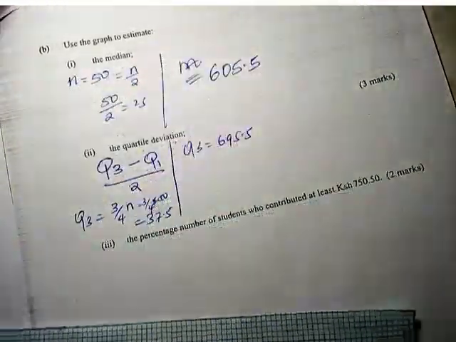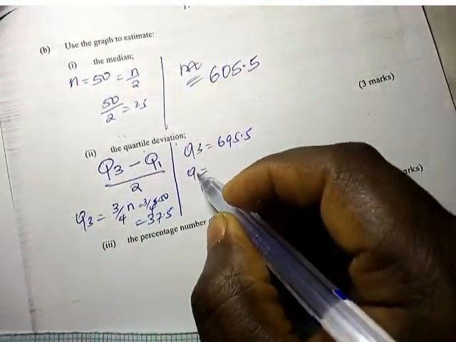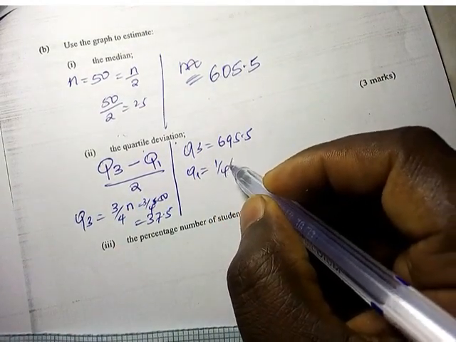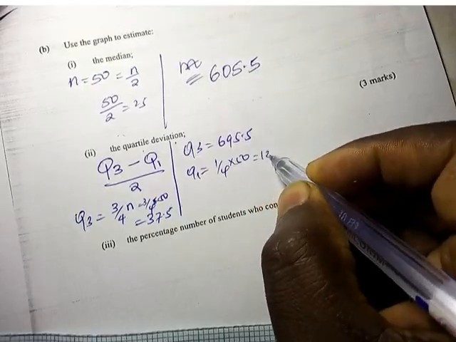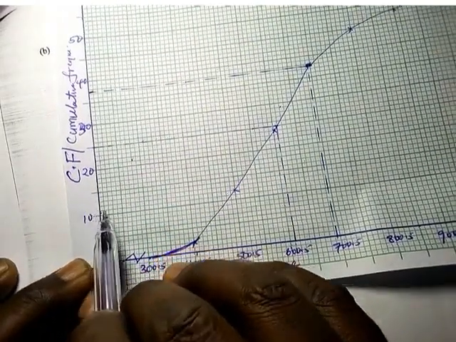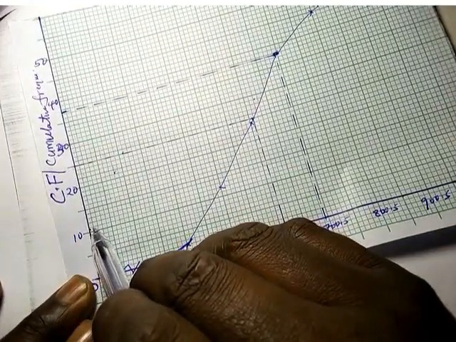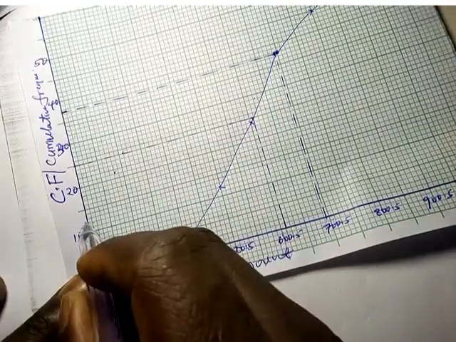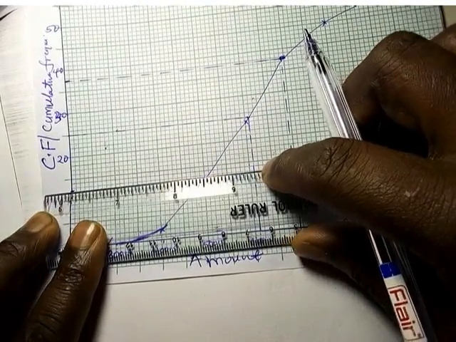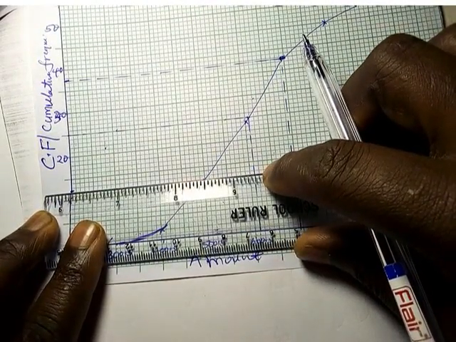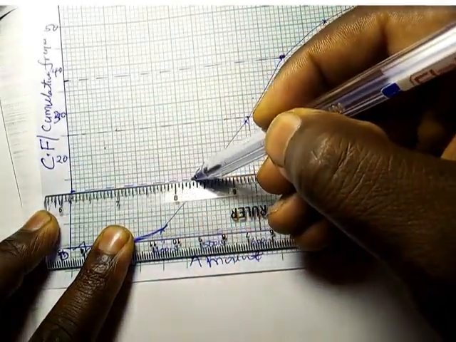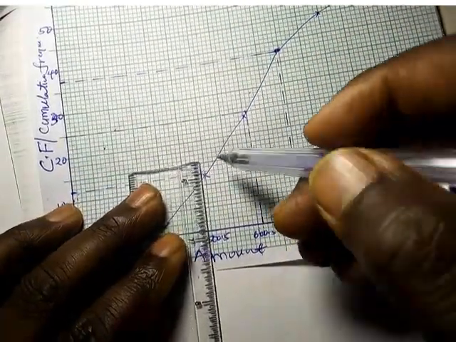Now let me get Q1. Q1 is 1 over 4 of the total cumulative frequency times 50. This one is 12.5. So our Q1 is found where we have 12.5. This is 10, 11, 12. 12.5 is here. So draw also the dotted line to the curve. Then come down.